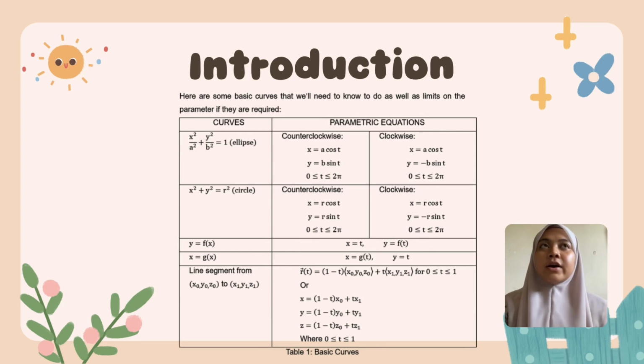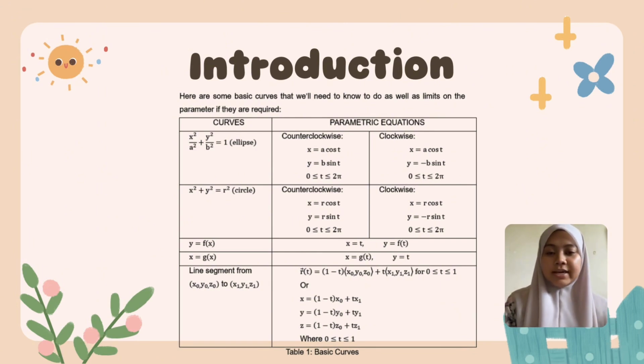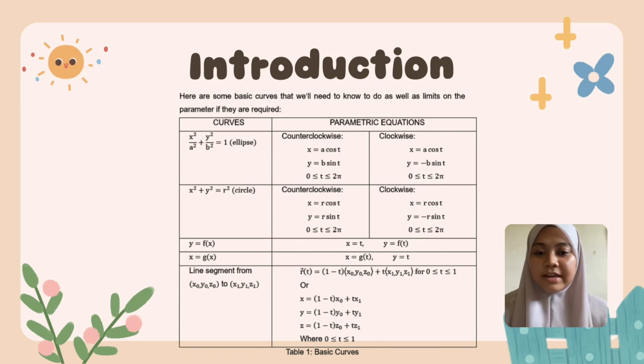For the curve y equals f(x), the parametric equations will be x equals t and y equals f(t). And for x equals g(y), the parametric equations are x equals g(t) and y equals t.